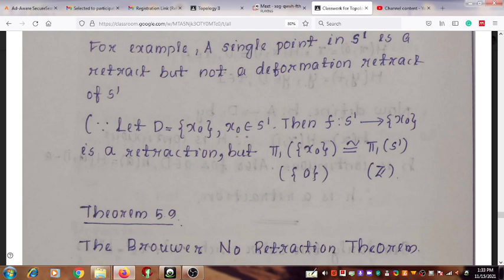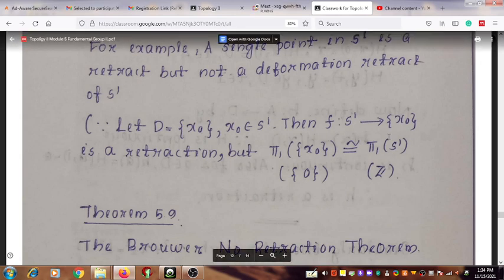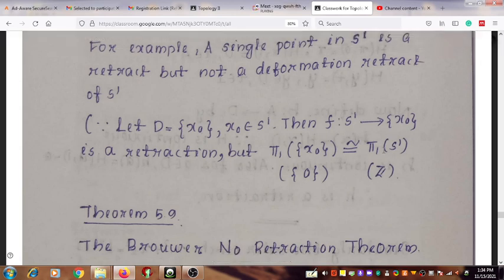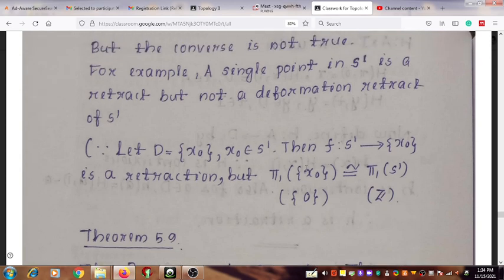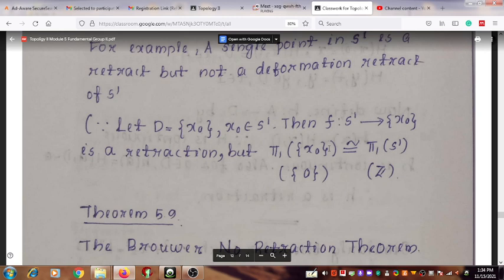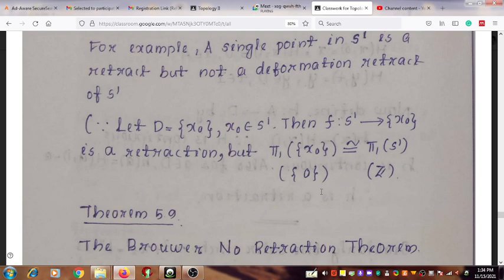The first is the trivial group, a single element group, while the other is an infinite group, the additive group of integers. So we have a non-isomorphic relation between these. One way we get an isomorphism between these two groups, but the other way we get they are not isomorphic.